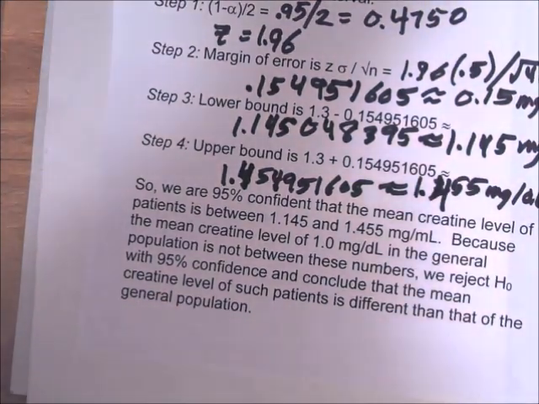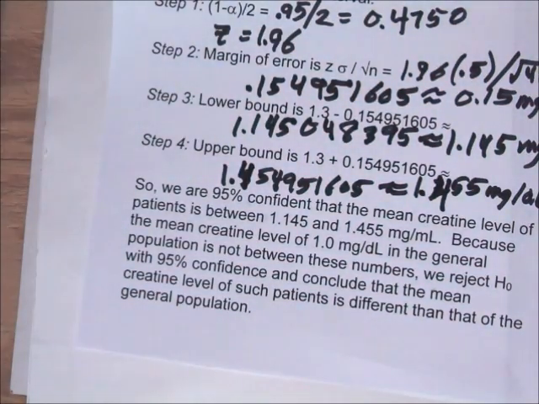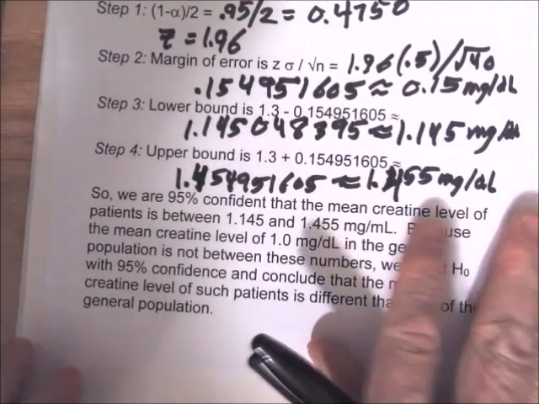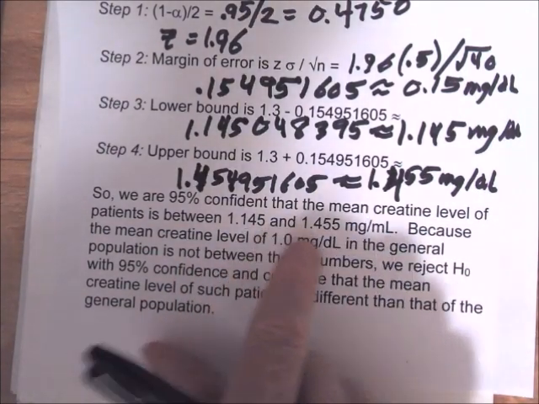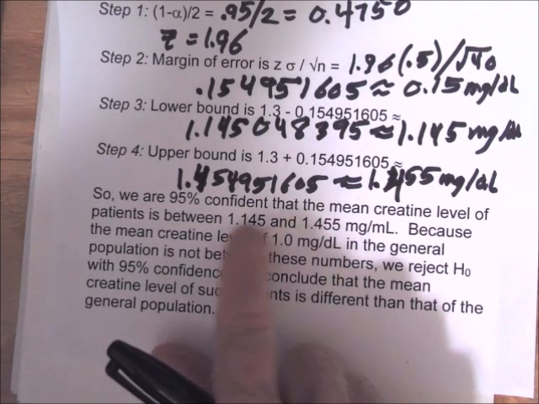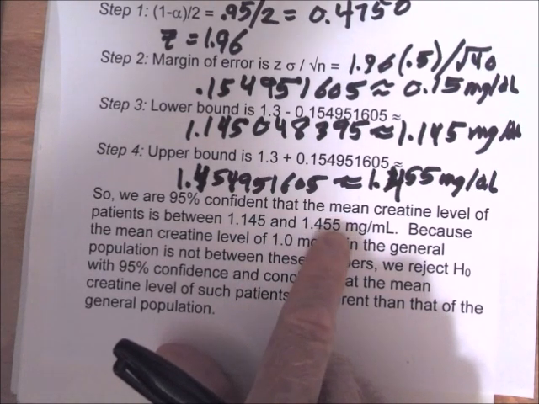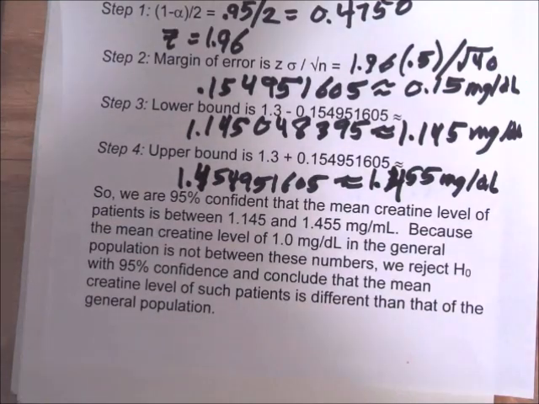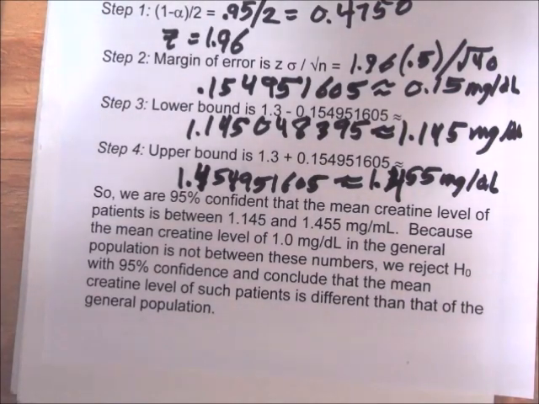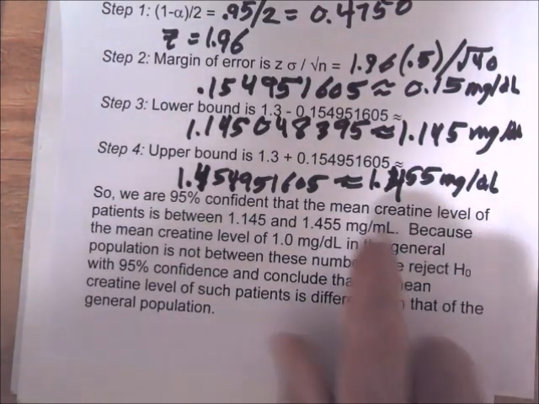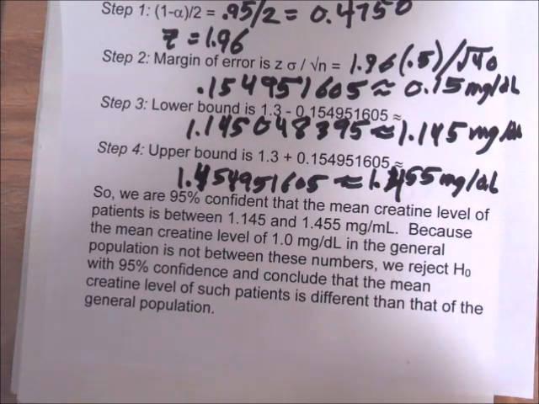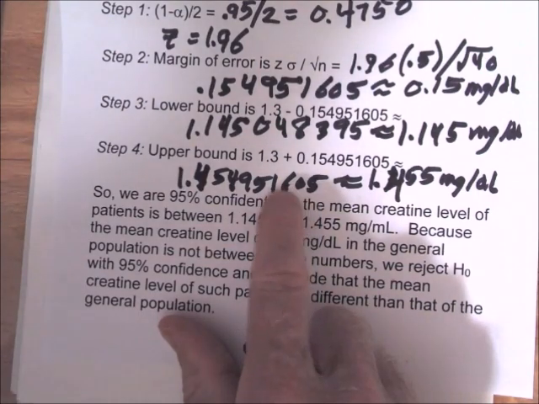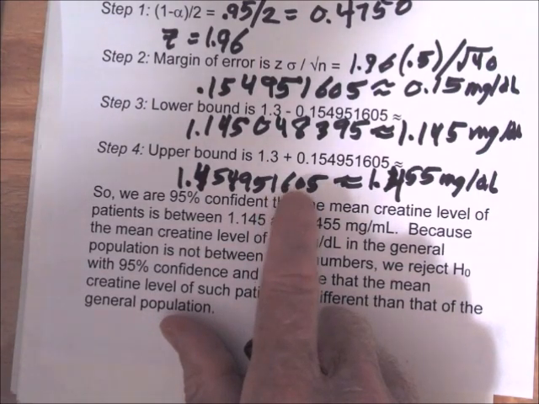Okay, 1.455 milligrams per deciliter. So that means we are 95% confident that the mean creatinine level of patients is between 1.145 and 1.455 milligrams per deciliter. We know the sample mean was 1.3, but that might have happened by chance.